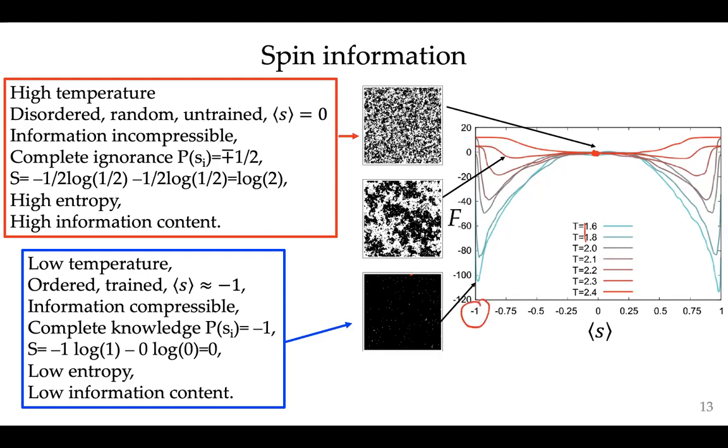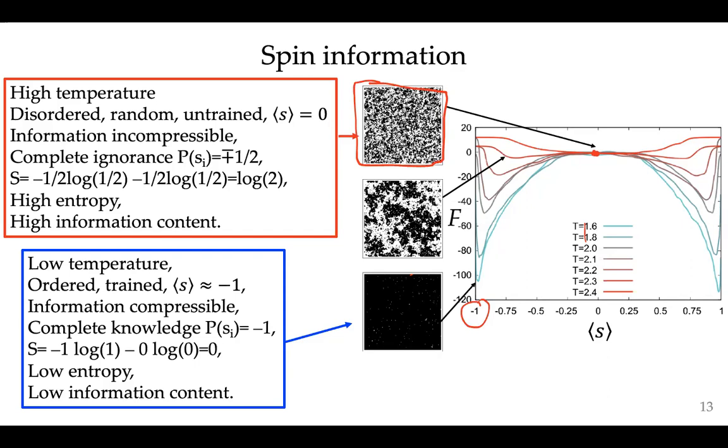So let's try to interpret what's happening here. This one, the top one, is high temperature, and you can see that it's pretty randomized. At high temperature, if you remember, the ambient heat is trying to randomize the spin direction, so the spins cannot really be aligned in the same direction, even if they want to because of the energy term.